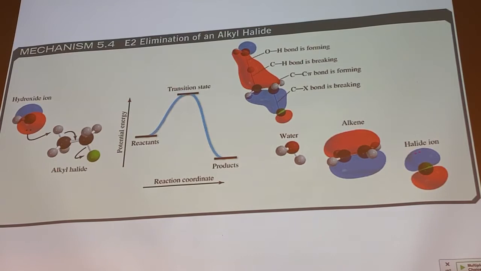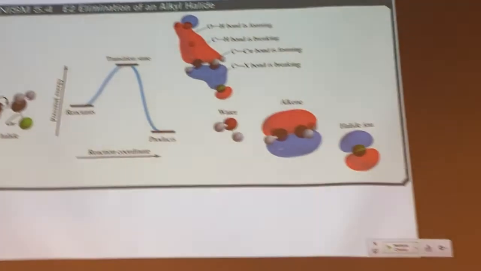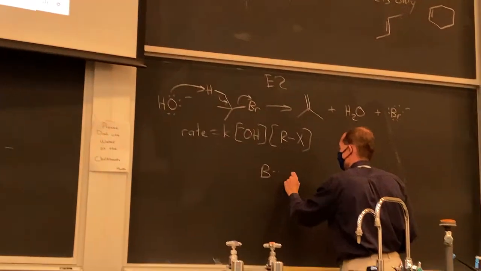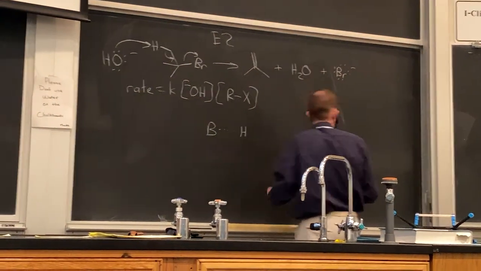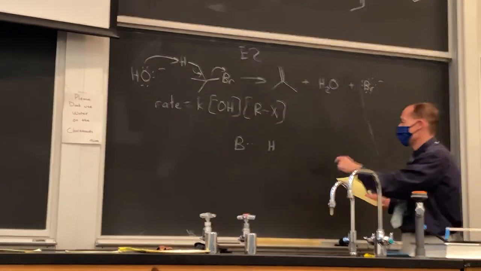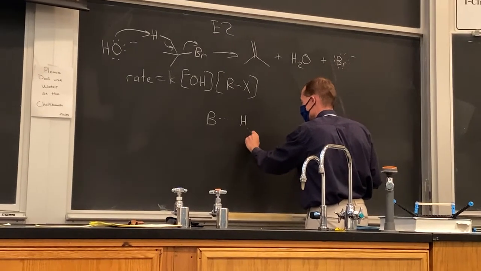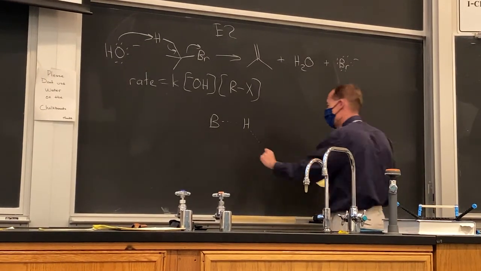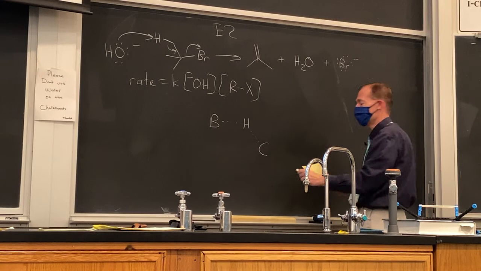But if we were going to draw this transition state on the board, it would look something like this. I'm just going to use B for a generic base. There's going to be a partial bond between the base and our hydrogen, a partial bond between the hydrogen and a carbon.